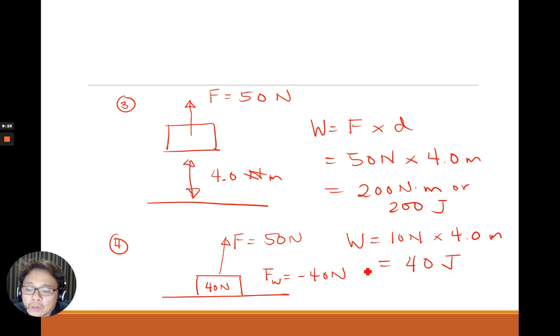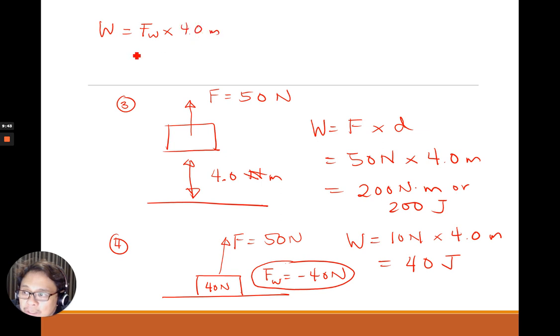Now, if you are asked what is the work done by FW, let us compute. The work done by FW would be FW multiplied by 4.0 meters. Now remember, that's negative, so negative 40 newtons multiplied by 4.0 meters.